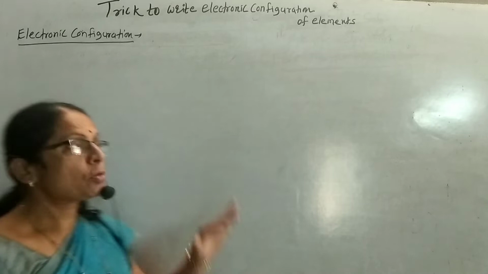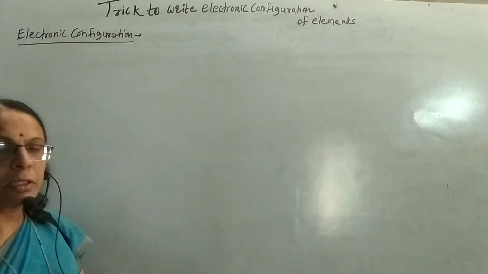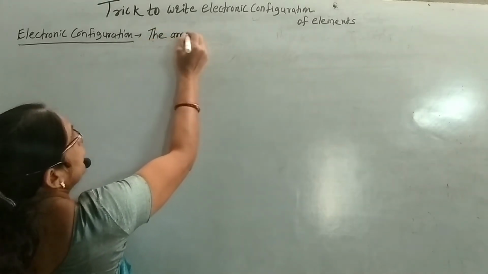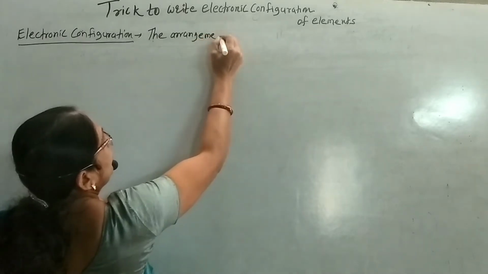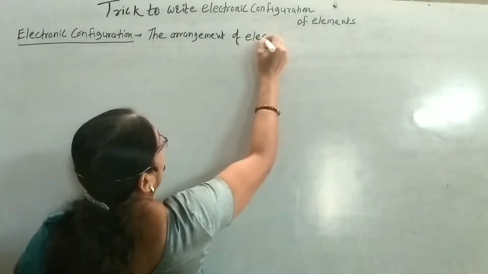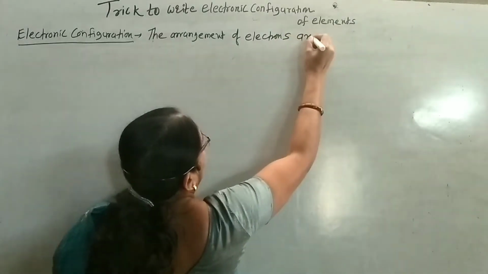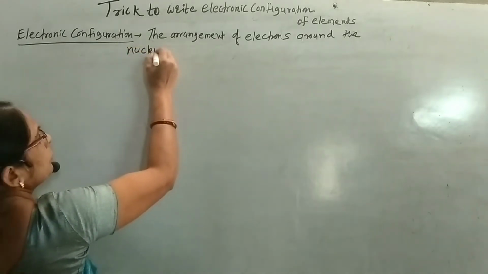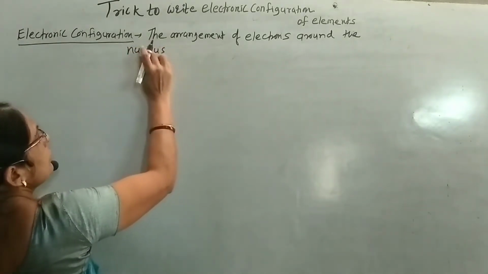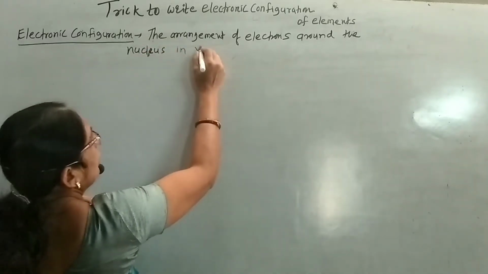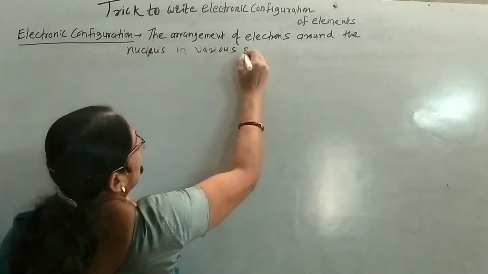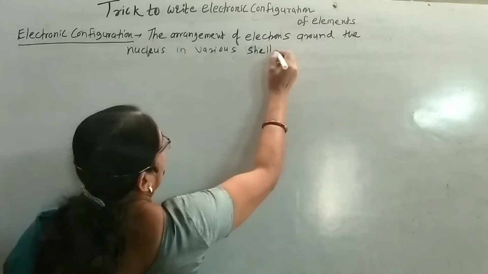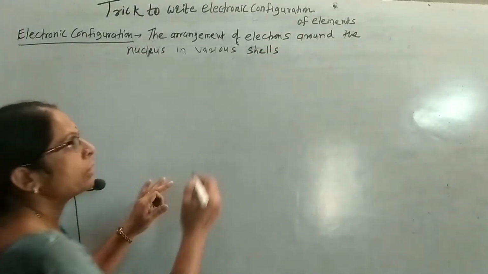Electronic configuration of the elements is nothing but the arrangement of electrons around the nucleus in the various shells.